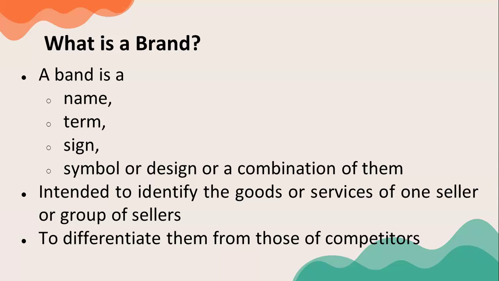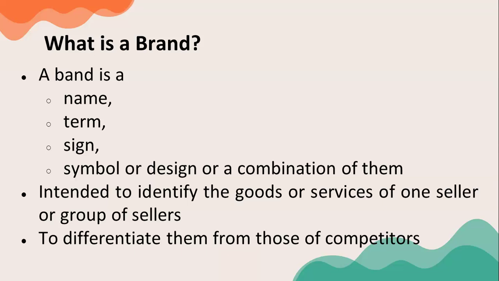So brand is a name, term, or sign, symbol, or design, or a combination of all these things. It may be a name, term, right? It may be a sign, or a logo, or symbol, or design, or a combination of all of these, intended to identify the goods or services of one seller or group of sellers.